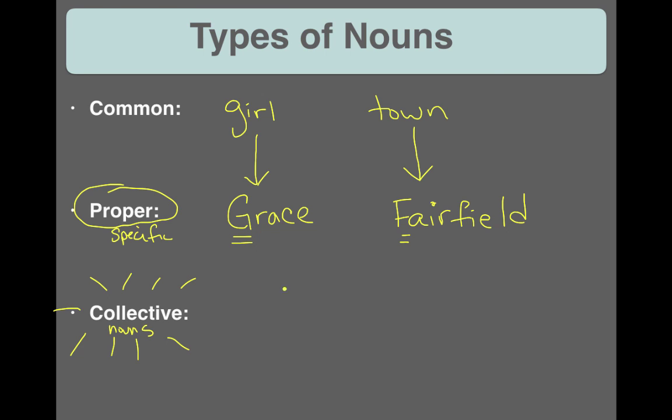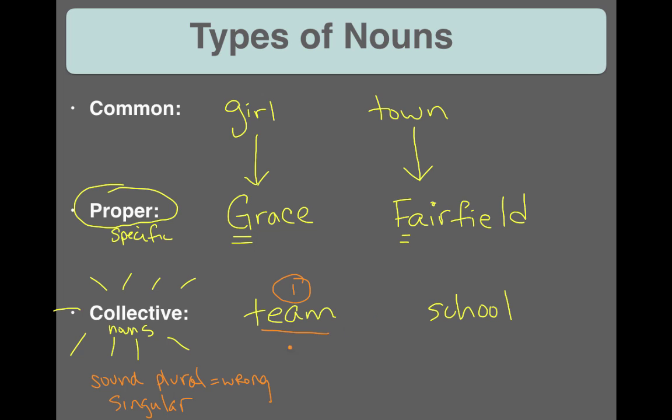So collective nouns, examples would be a team or a school. What makes them tricky is that they sound plural in our brains, but that is wrong. In fact, they are singular words, meaning it's just one team.